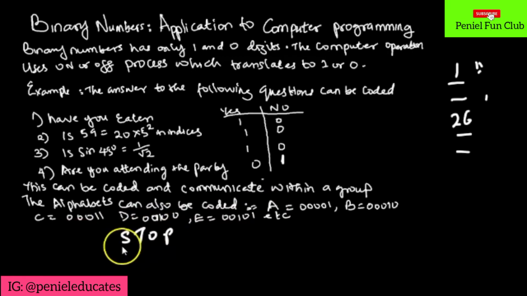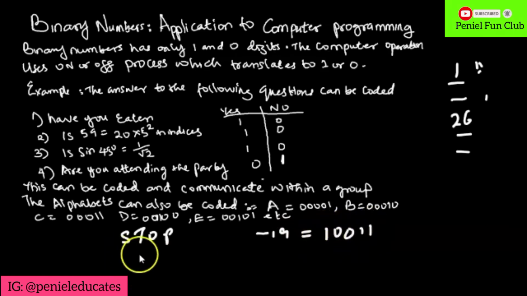okay, for example, I know that the position of S in the alphabet table is 19. Now if you convert 19 to binary, it gives you 10011. All right, so I have 10011 for S. So what about T?